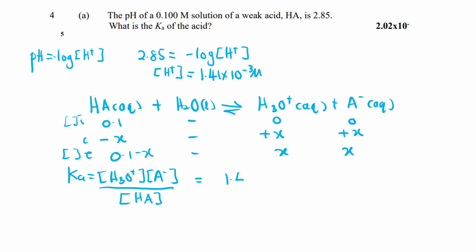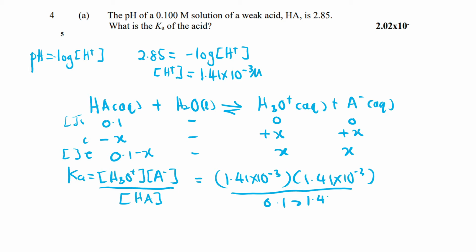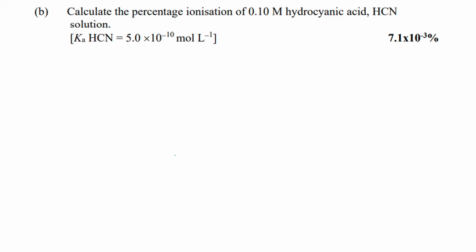Jadi kita masukkan 1.41 eksponen negatif 3 times 1.41 eksponen negatif 3 over 0.1 minus 1.41 eksponen negatif 3. So selesaikan, kita akan dapat the value of Ka is equal to 2.02 eksponen negatif 5. Ini adalah nilai Ka for question number 4. Next, 4B.